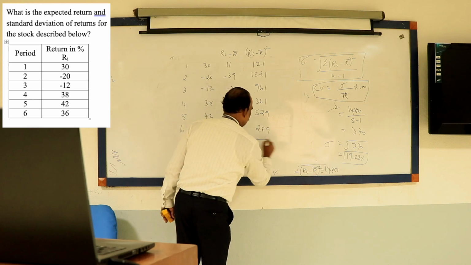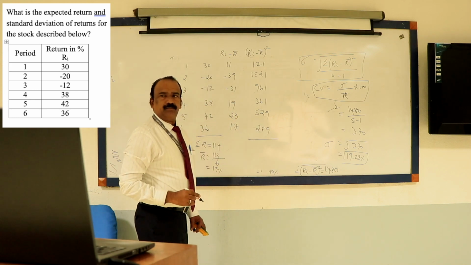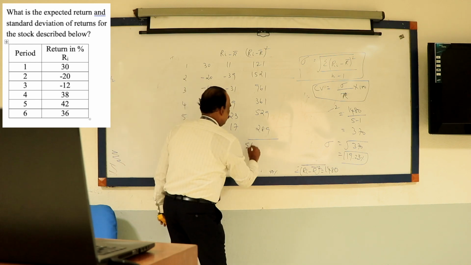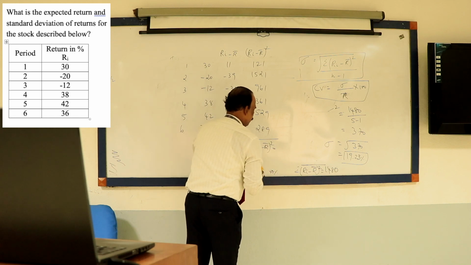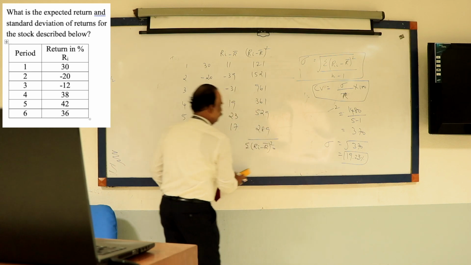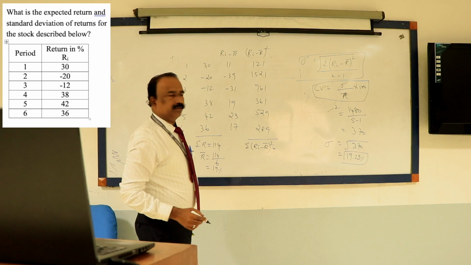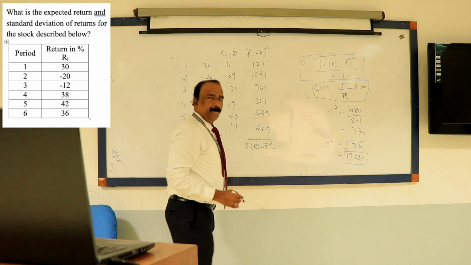Okay? Get the aggregate, sigma Ri minus R bar whole square. That is how much? 3782.